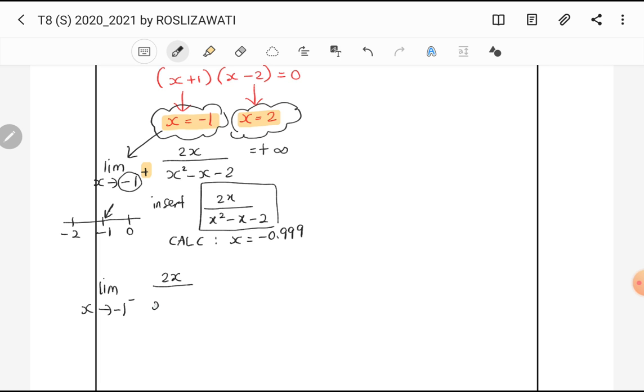Okay, and kalau awak ganti pun sama jugalah. You will get infinity. Okay, yang ni nak tekan calculate apa? Calculate x equal to, okay, negative 1 from negative. So, kita boleh ambil negative 1.001.